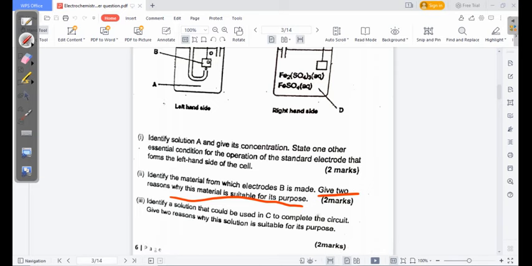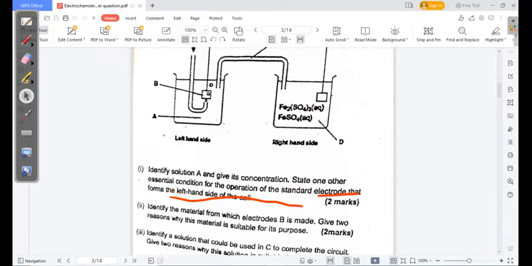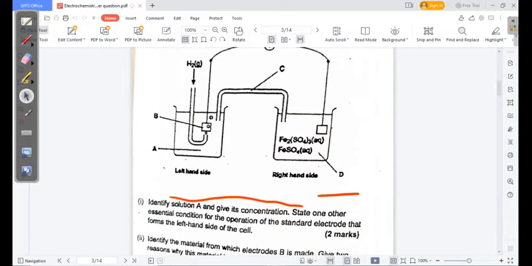And then identify a solution that could be used in C to complete the circuit. So in C, that is the salt bridge. What can you use? Remember what we are using here: if we have put hydrochloric acid there, what can you use?